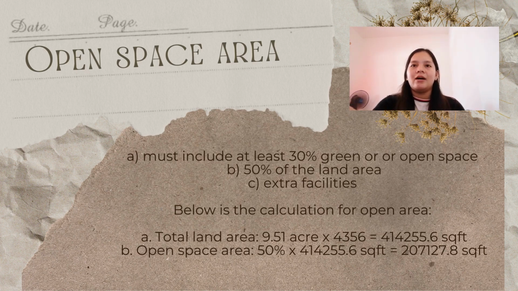So open space area, we put the 50% of the land area, then we multiply with the total land area, then it's 4,255.6 square feet. So we got the total of the open space area is 20,727.8 square feet.